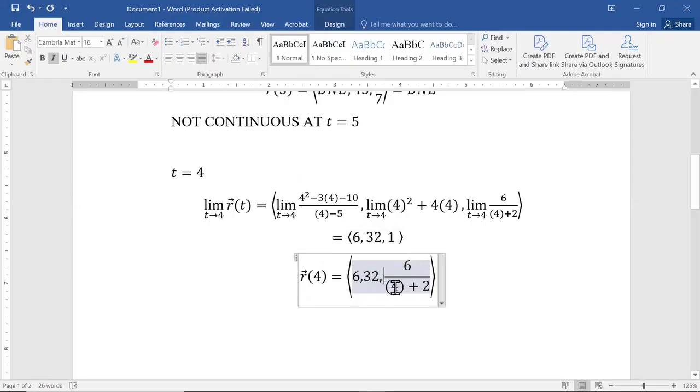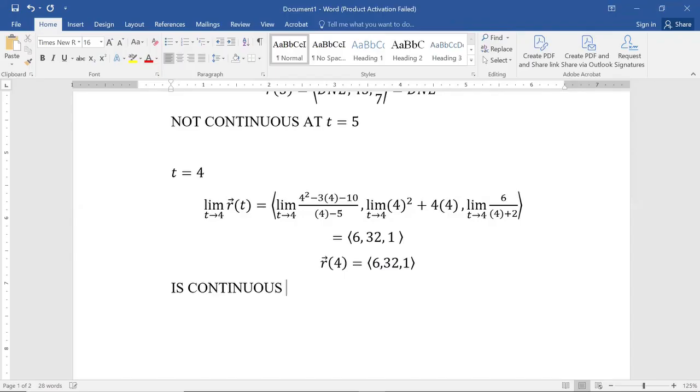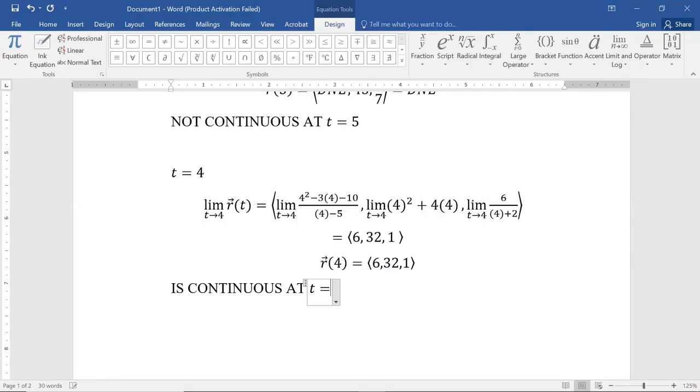And then 6 over 4 plus 2, so that's 6 over 6, that's a 1. So when I plug in 4, it gives me the same as what I get by taking the limit as t goes to 4. Therefore, this one is continuous at t value of 4.